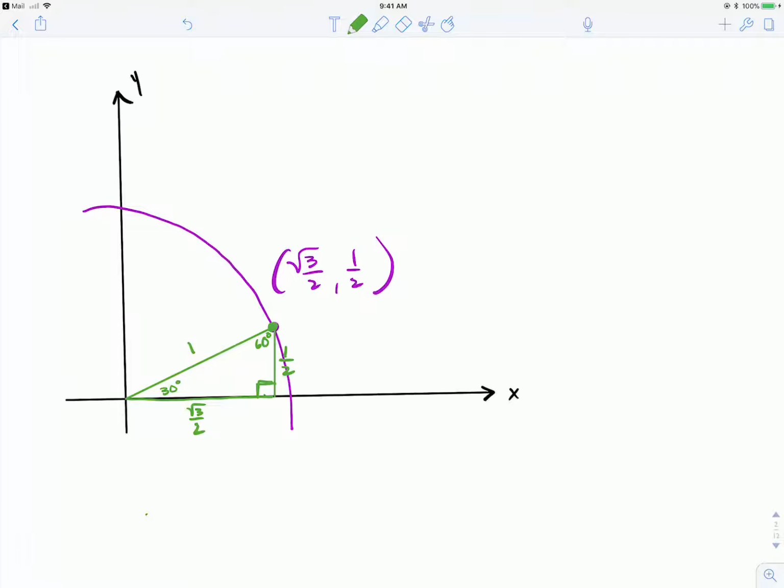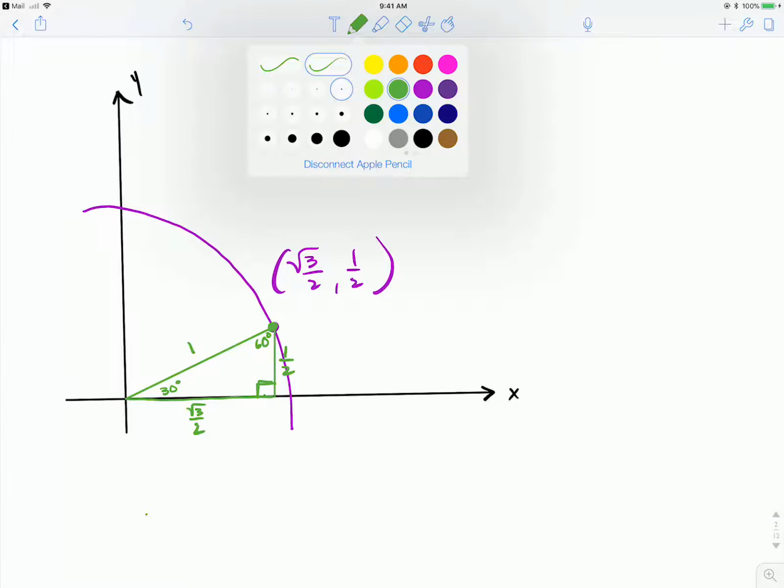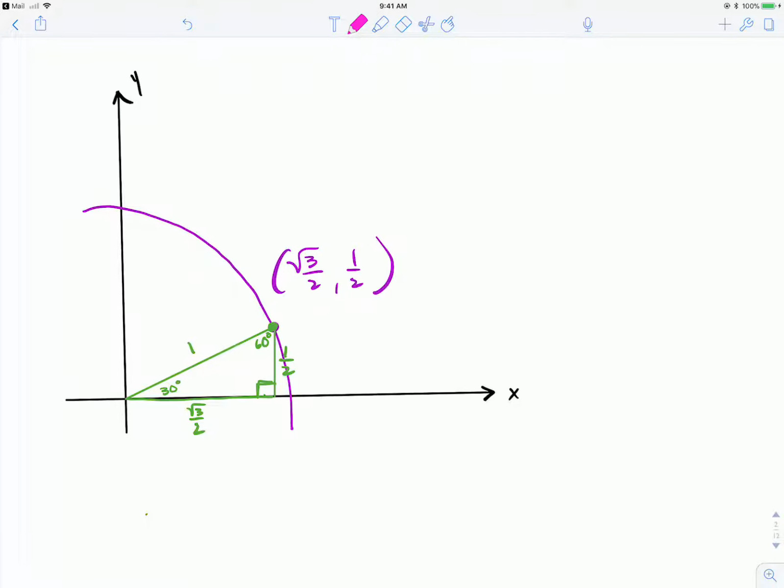Okay, well, let's think about the idea of similar triangles again, or similar right triangles. If we were to multiply each side of this right triangle by 2, we would end up with a point out here, where this point would be root 3 comma 1.